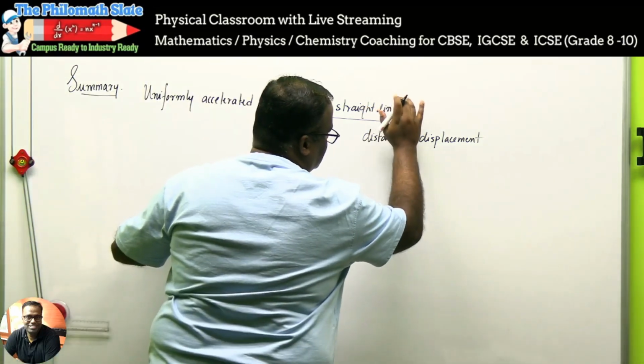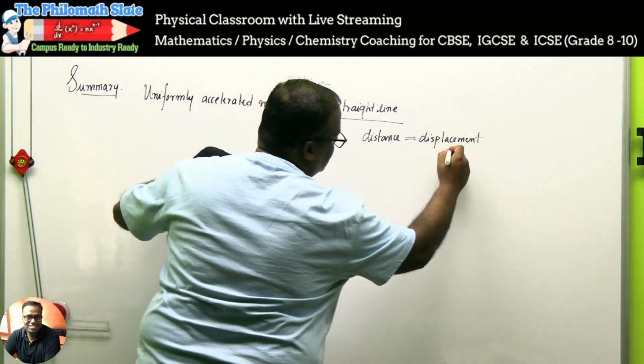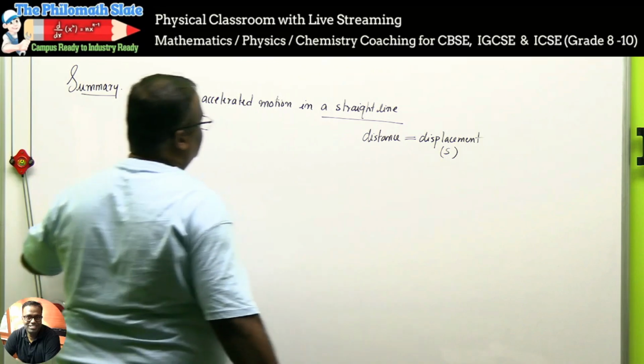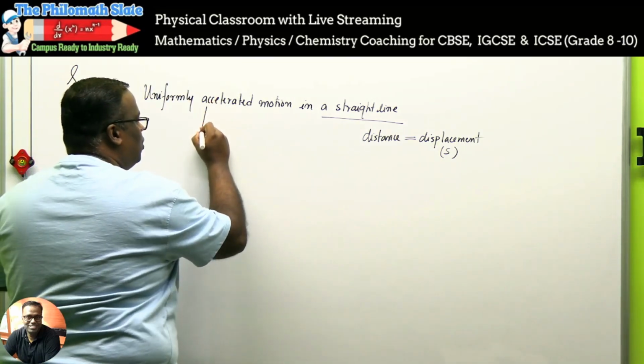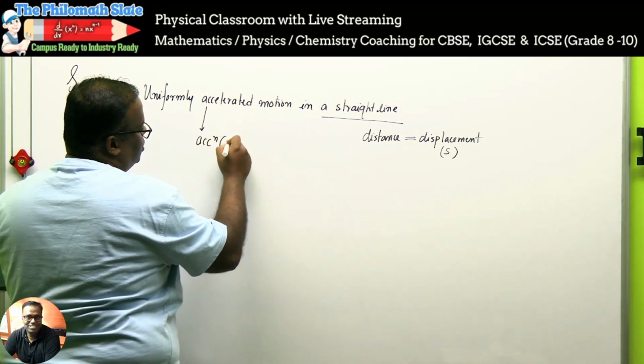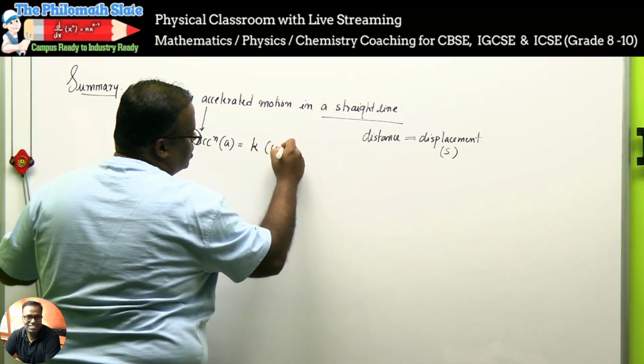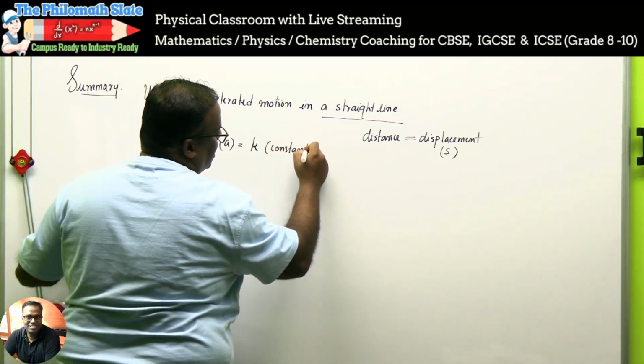Since this is a straight line, all distances can be interpreted as displacement, which gives rise to your first quantity called S. After that, we have uniformly accelerated. That means acceleration is present, which is a, and this a is always constant.